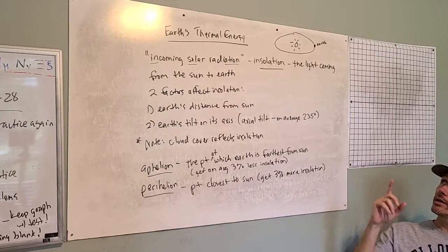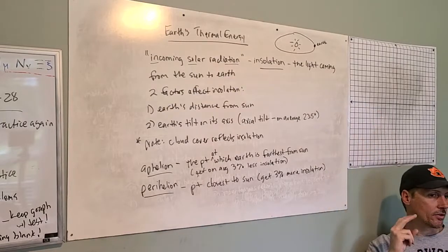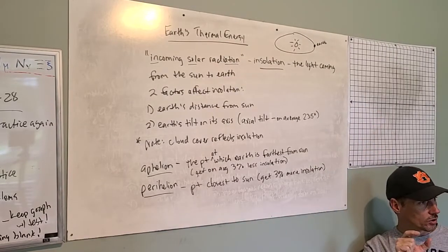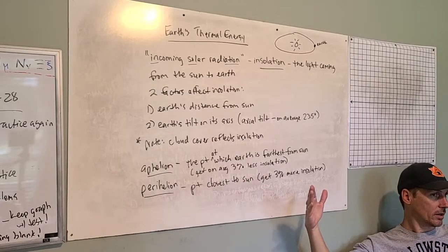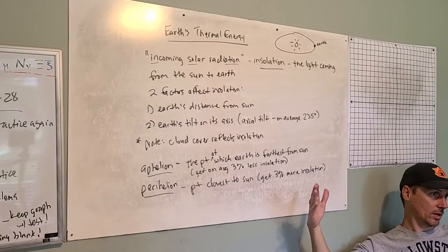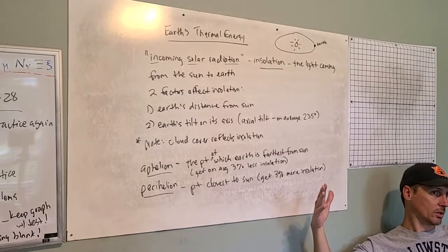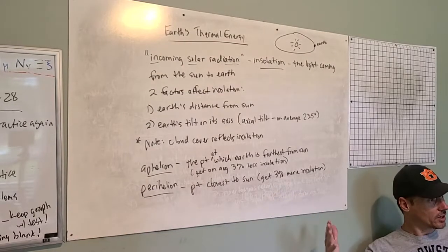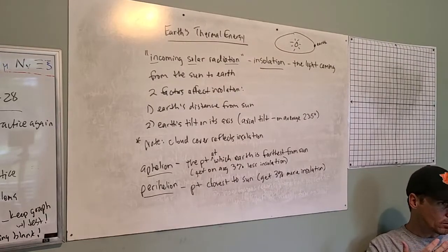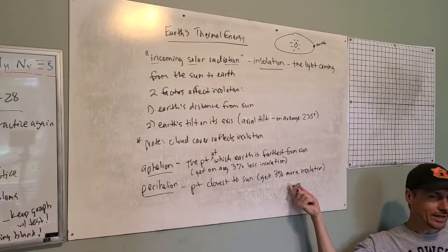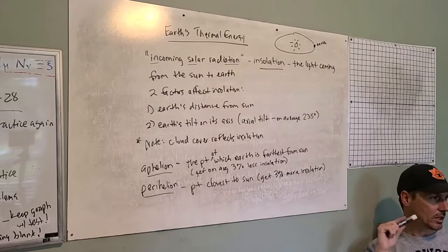But if you think about it, if the Earth is on this elliptical path, there are 2 times that it's closer and 2 times that it's further away, right? So if that was what was causing the seasons, then we would expect 2 times of the year that are equally cold, and 2 times a year that are equally warm. So it's not really this that's the main reason that we have seasons.